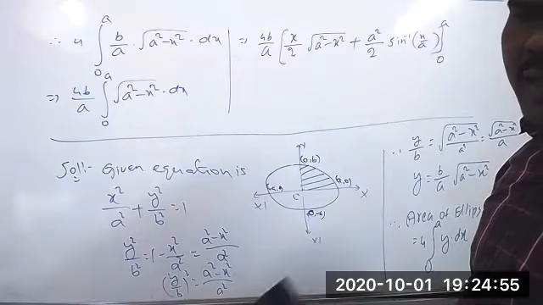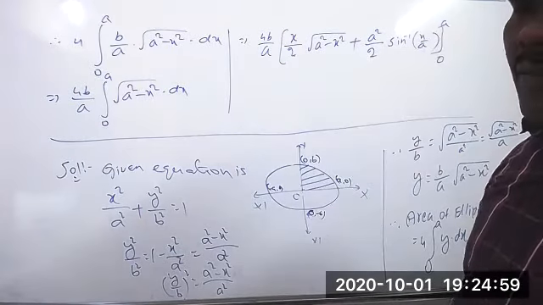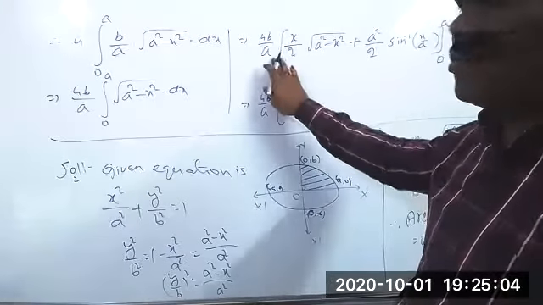Already yesterday we did different integrals. So you can take the upper limit minus the lower limit and follow the same procedure. Here 4b by a stays as it is, a constant value.